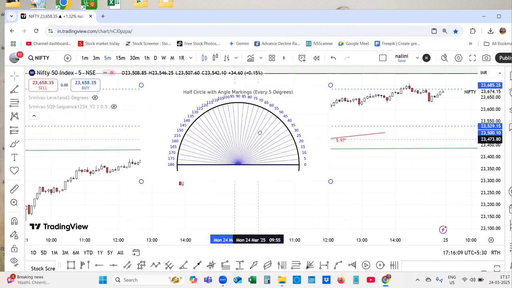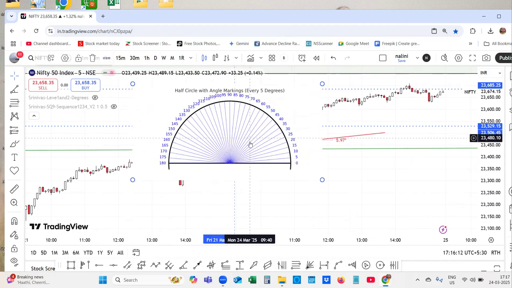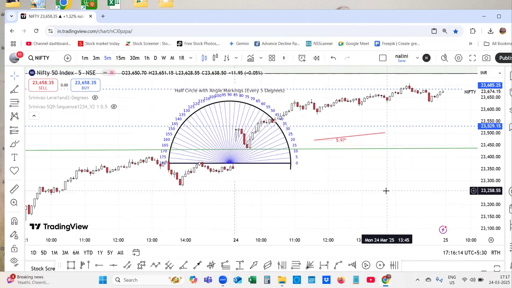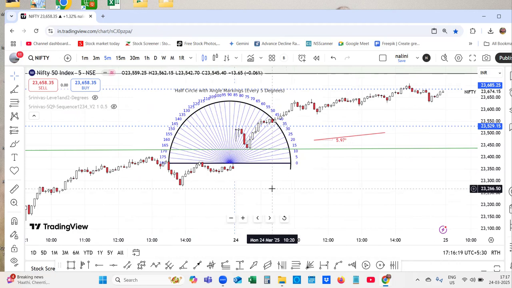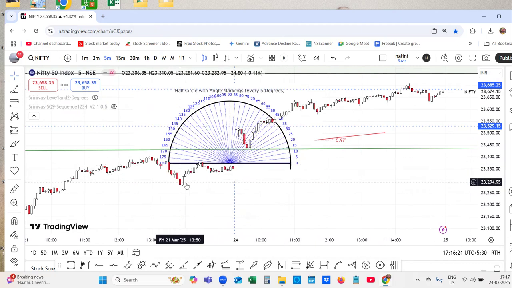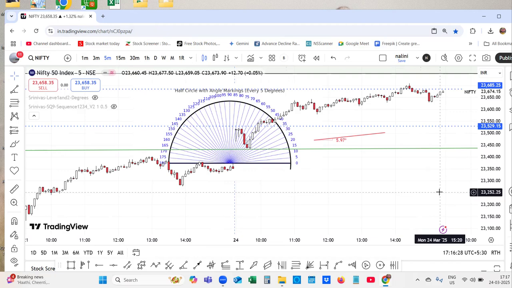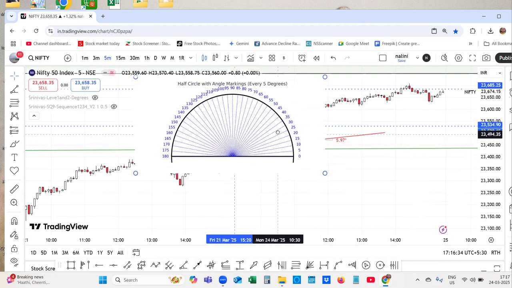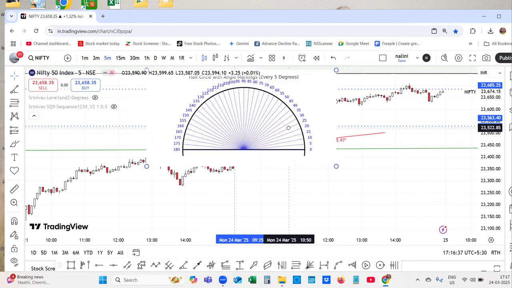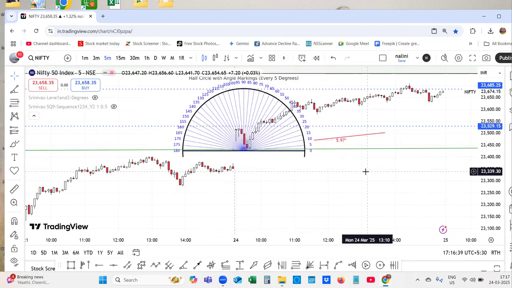Even if you apply it here, and click on that, you can see how the price moved. You can see clearly the price started from here and it gapped up. I'm not taking the pointer over there. You can see the price came down and took the support around here. If I place the protractor over here, with the angles, you are getting it beautifully.